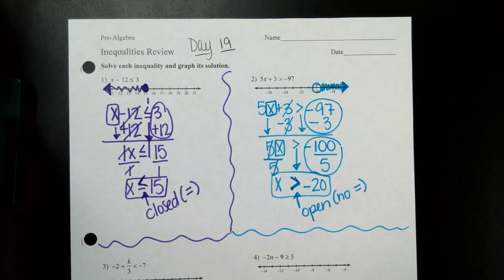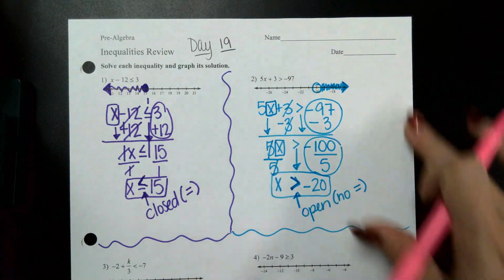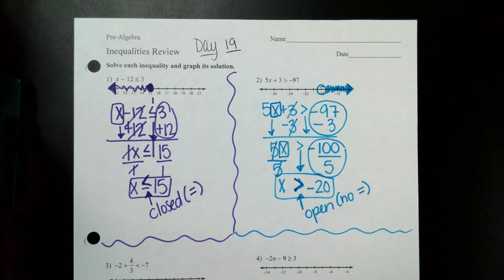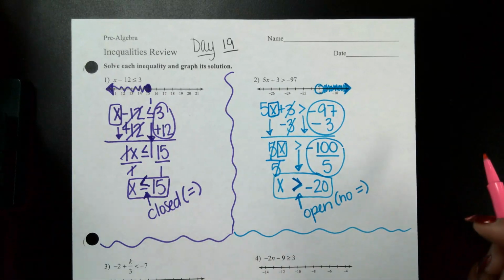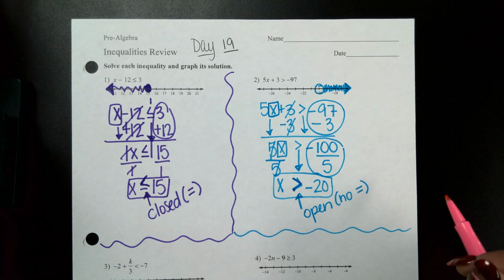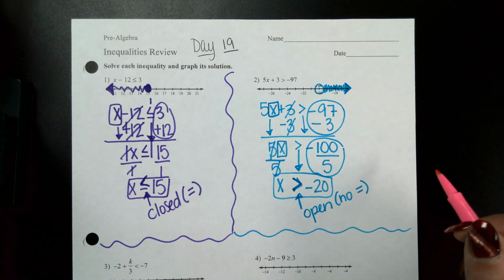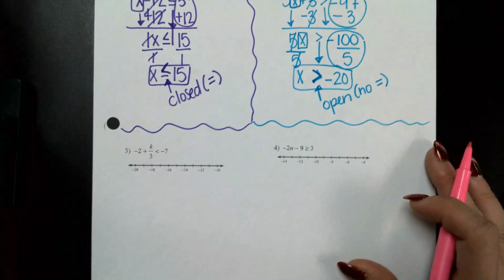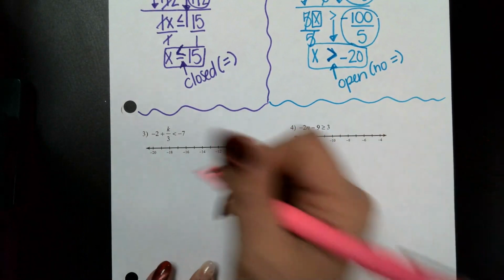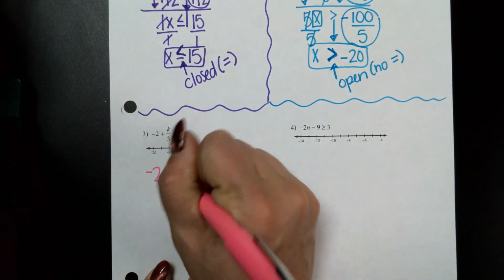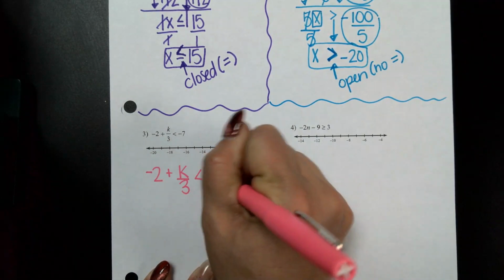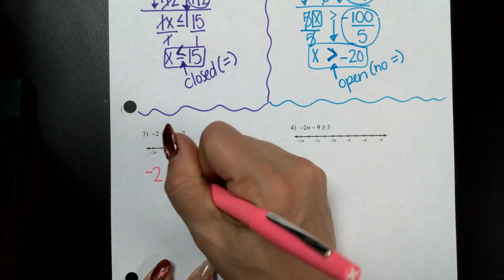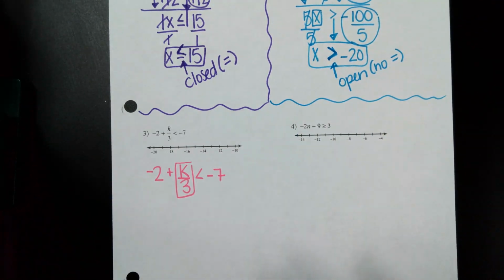Let me just remind you, two-step: we added or subtracted first, and then we multiply or divide second. Number 3 and number 4 are both two steps. So on 3 and 4, you still want to either add or subtract first, and then multiply or divide last. For problem number 3, do not do anything with that fraction yet, because that's where the letter is.